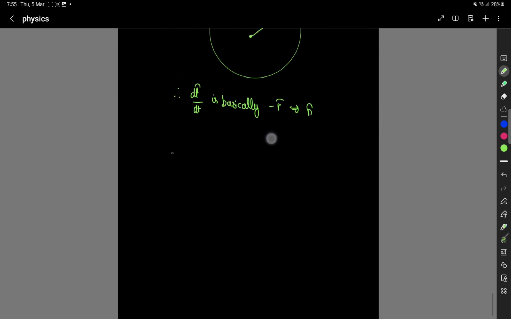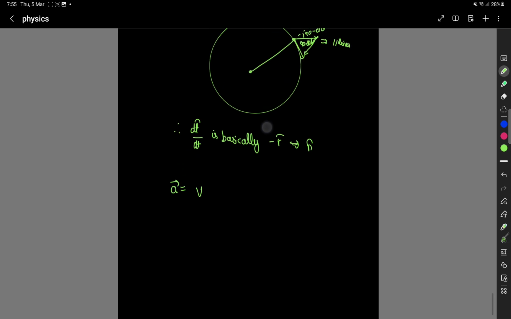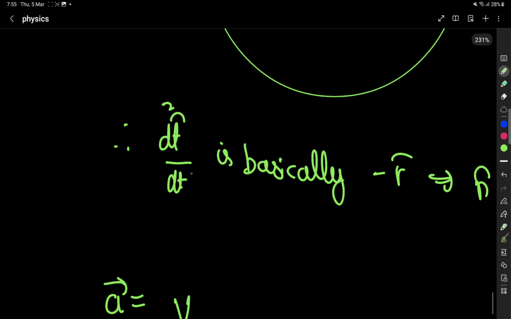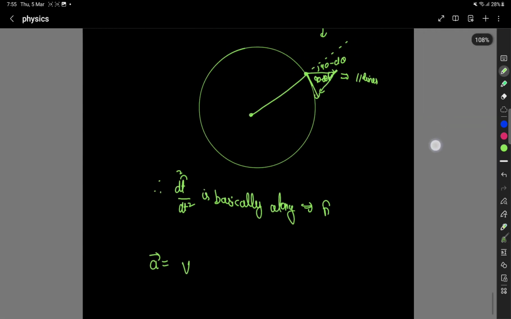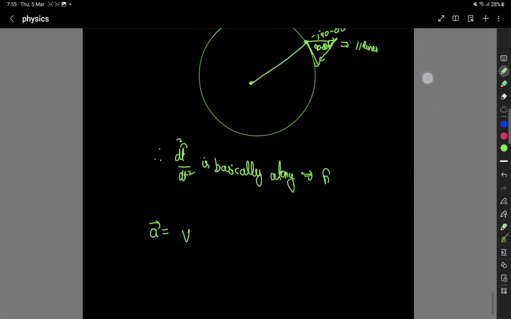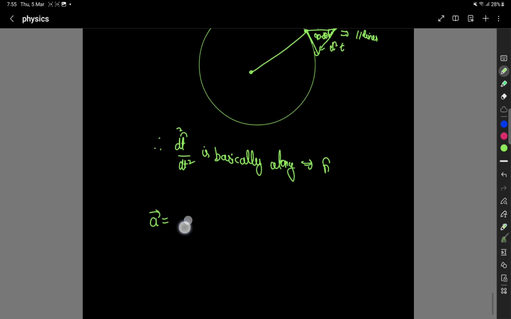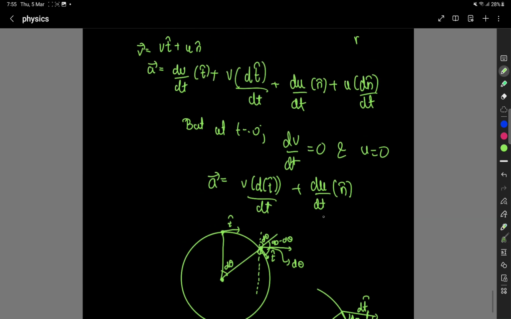So the acceleration vector is basically along n cap. Not equal to this thing, but it's basically along n cap. And this one though definitely is along n cap.